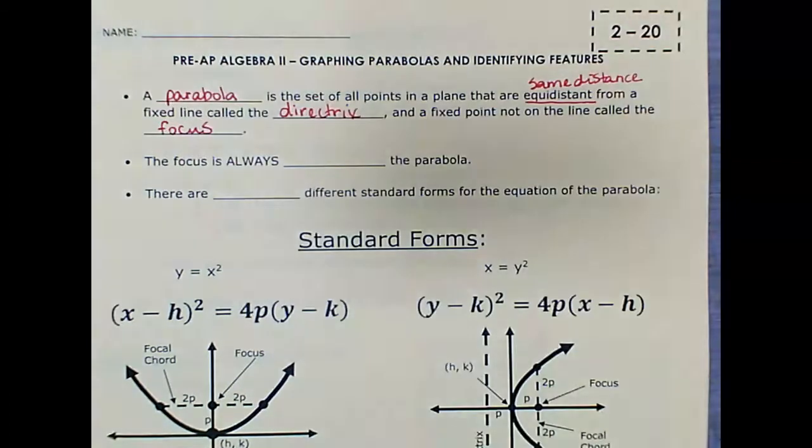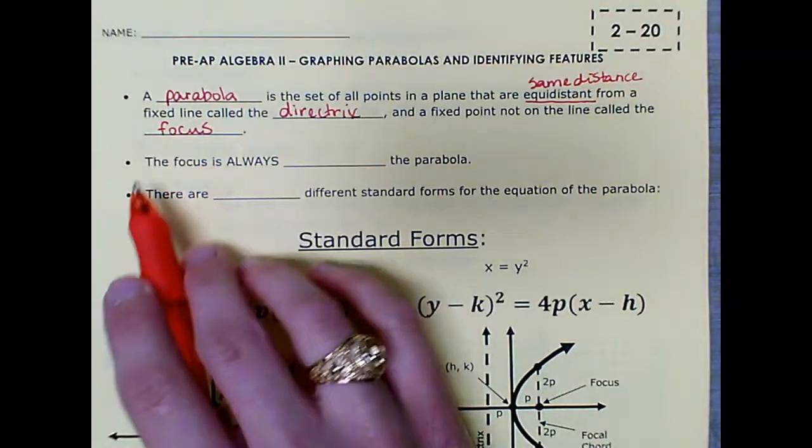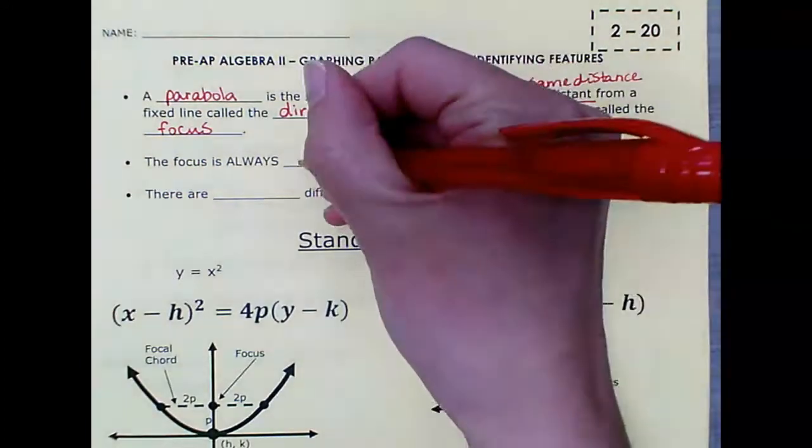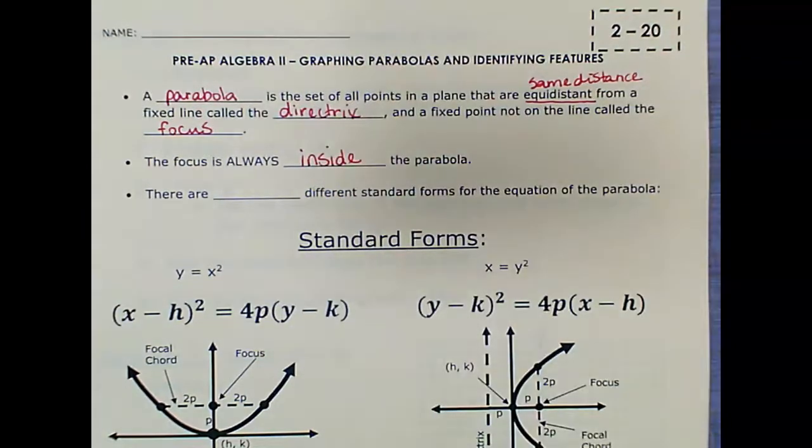So these are new things that we are discussing today. We're kind of adding some key features and some things that you can use to describe a parabola's graph. The focus, so this new word right here, the focus, is always inside the parabola. And it's a point.